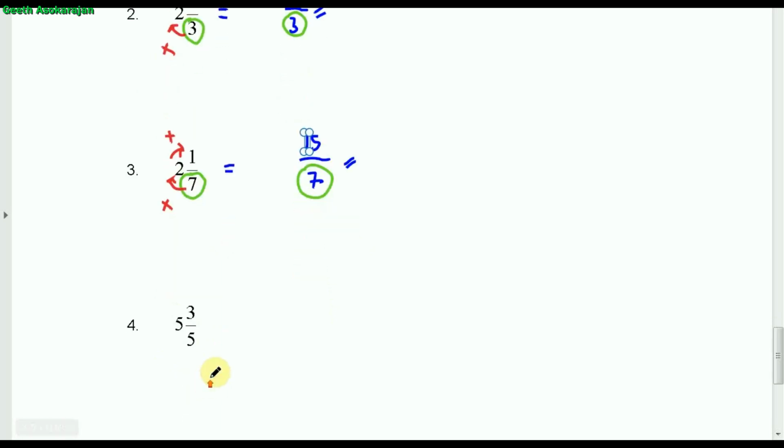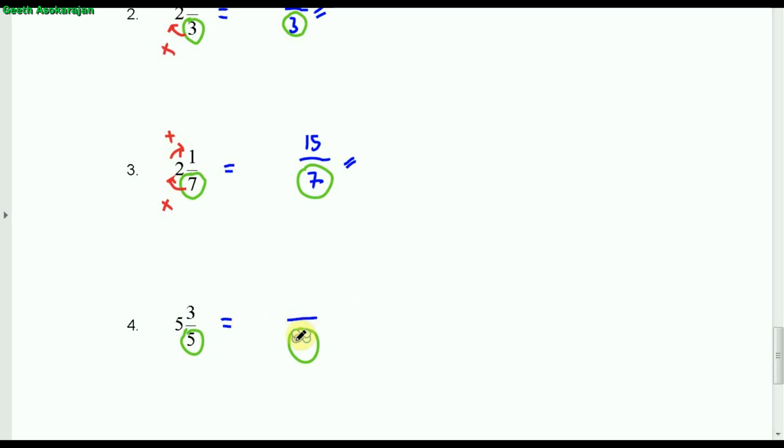Right, for number 4, let's have a look at this example. So let me get my green pen, because green pen means the first step, write down that 5 on the bottom. So let me do that.